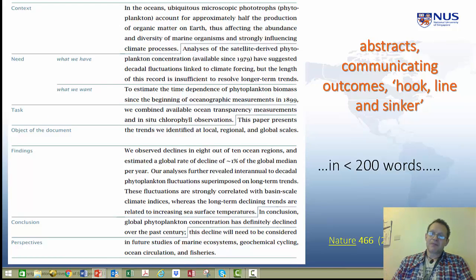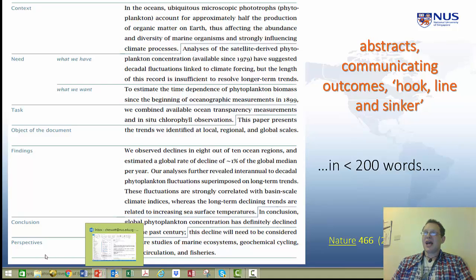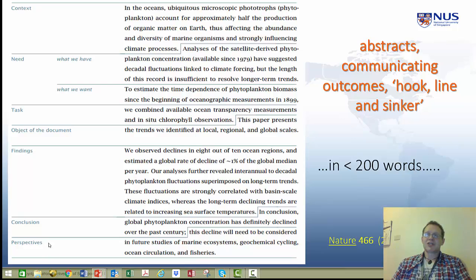And remember, the challenge here is maybe 200, 250 words. Here is an abstract. And remember our introduction type structure? That's here. The context, the basis, that effectively marine organisms strongly influence climate processes.